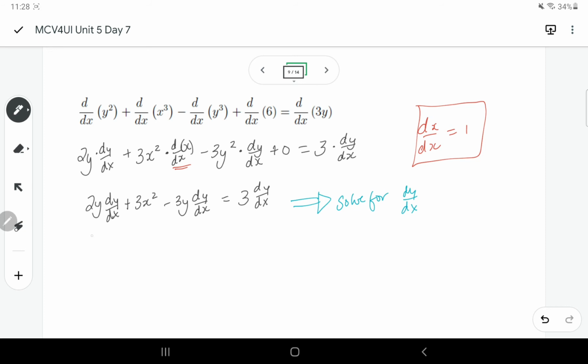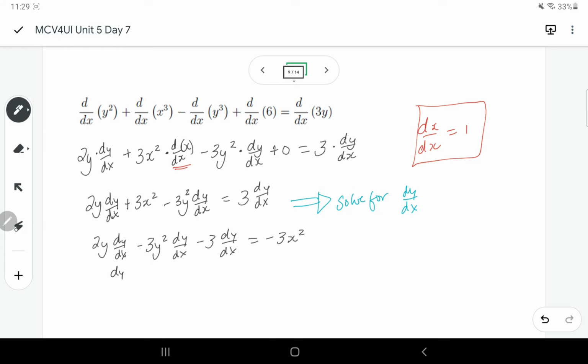I'm going to bring everything with a dy/dx to one side and everything without it, which is just this 3x squared term, to the other side. So here, 2y dy/dx minus 3y squared dy/dx minus 3 dy/dx equals negative 3x squared.